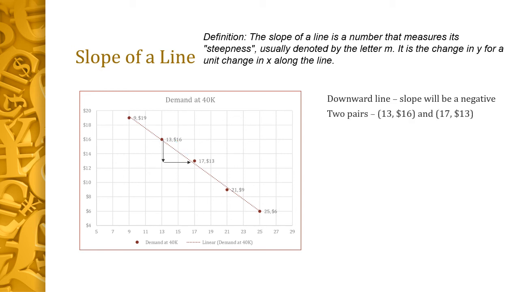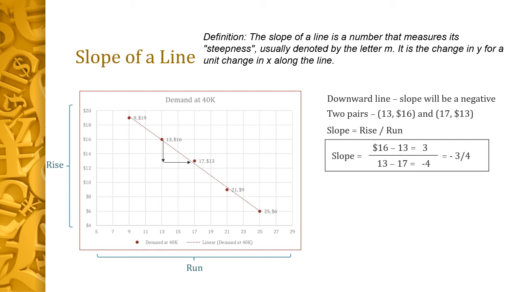And so we take those 2 coordinate pairs and we remember that slope equals rise divided by run, and here's our formula. And so we come out with a negative 3 divided by negative 4, or 3 over 4. Now the negative number is again going to be important because we now know that this is correct because we've got a downward slope. So what does this tell us?